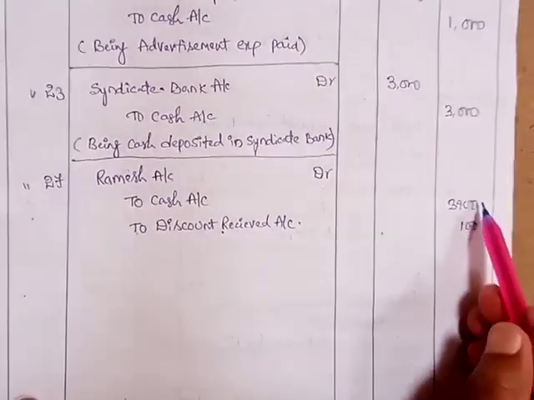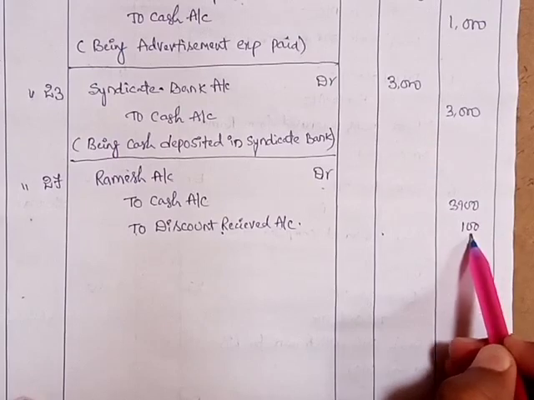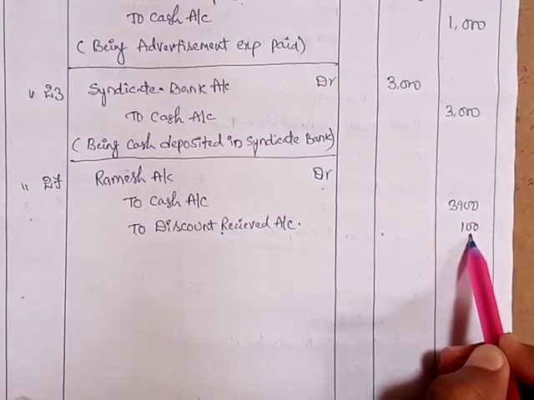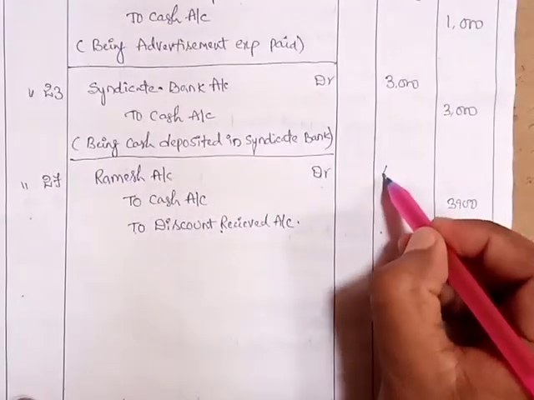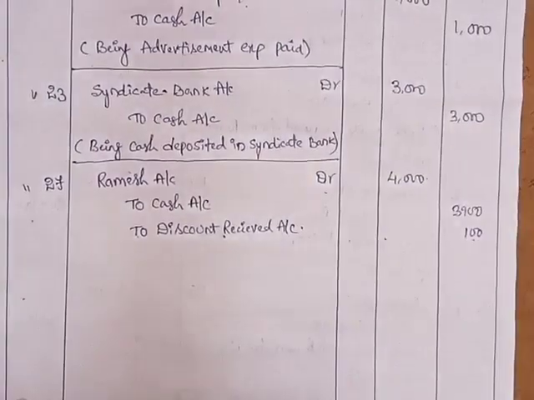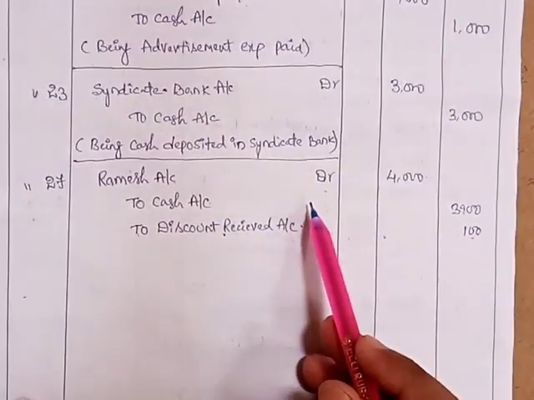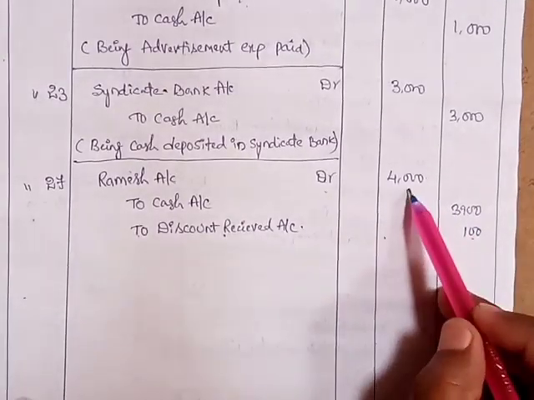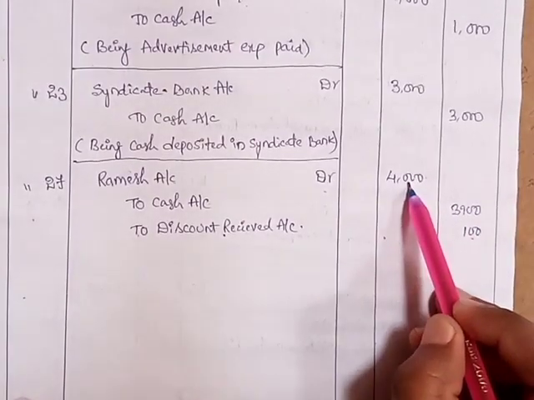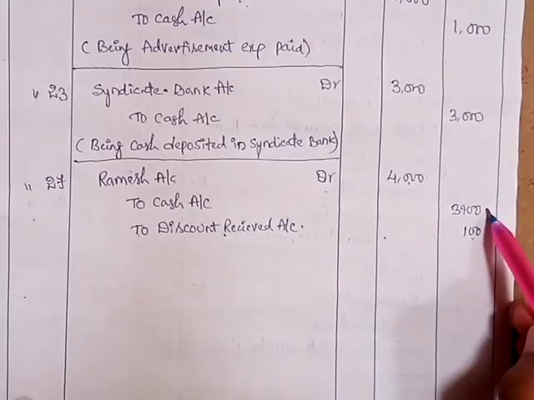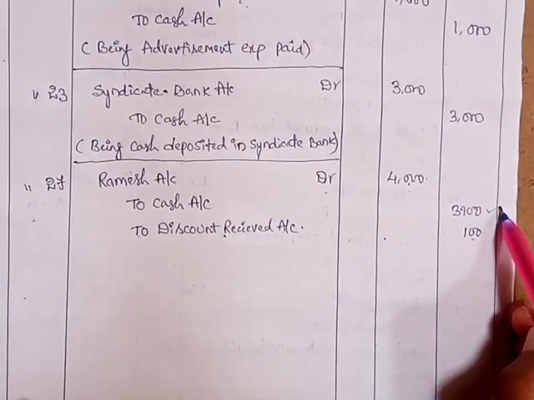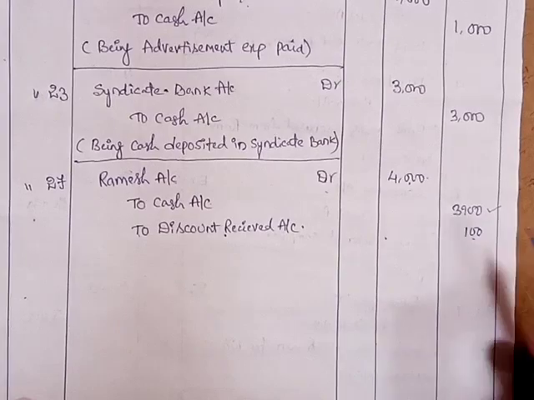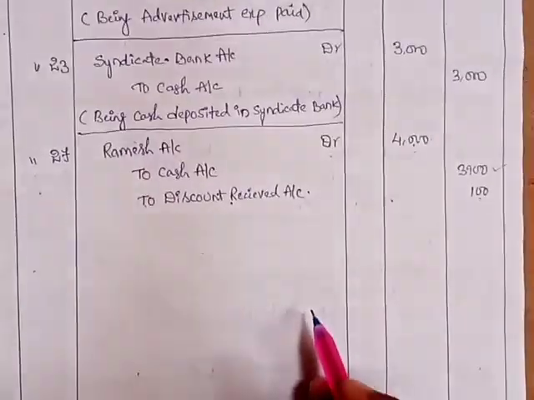So now what is the total amount? 3900 plus 100, total 4000. That amount we should write in debit column. So what this transaction means is, we have to pay 4000 to Ramesh, but we paid only 3,900 rupees. The remaining 100 we received as discount.